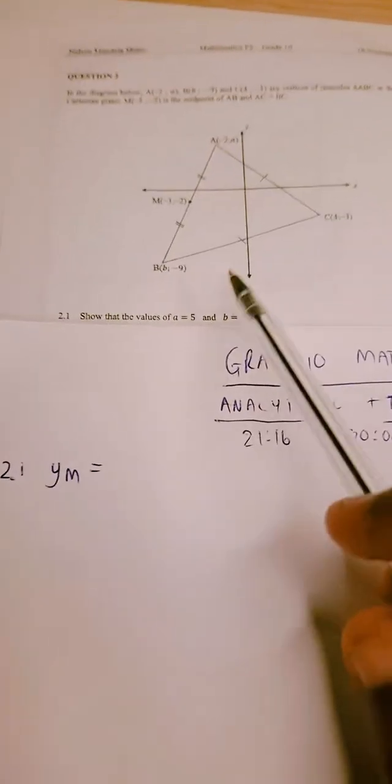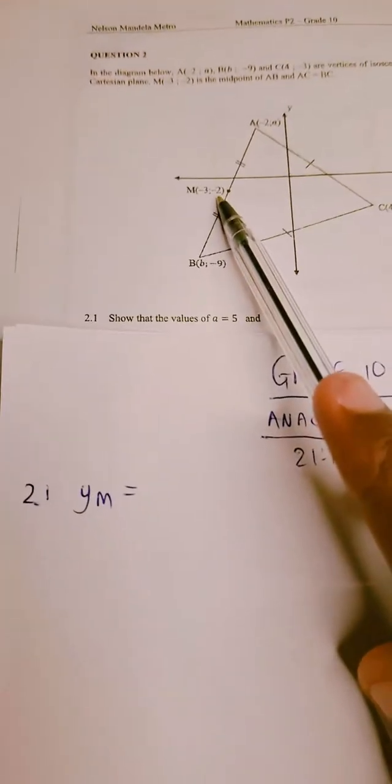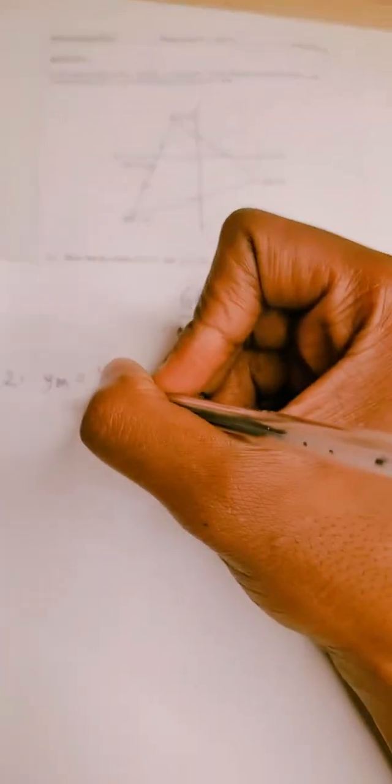So the y coordinate of the midpoint is equal to the y coordinate of a, which is one of the endpoints, plus the y coordinate of b, which is the other endpoint, and we will divide all of that by 2.